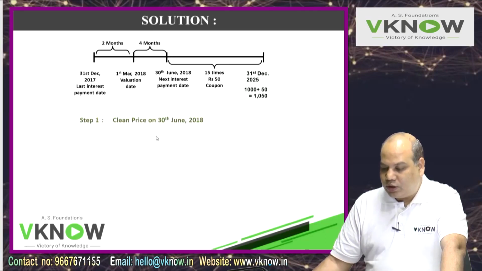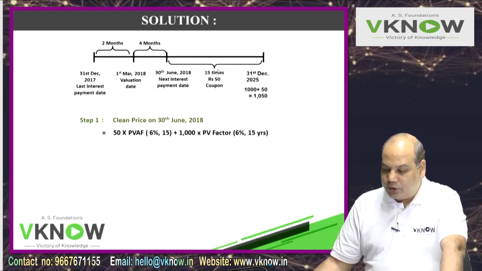Okay, so can we start now? Step 1 will be clean price on 30th June 2018. Clean price on 30th June 2018 is equal to 50 rupees coupon into PV annuity factor bracket 6% we will take.